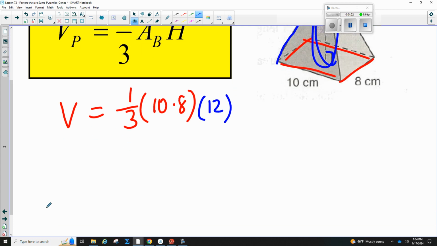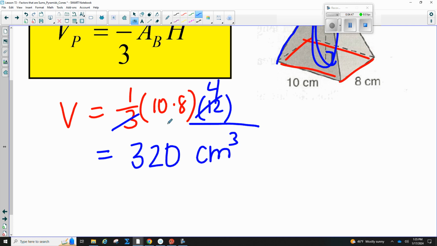The 3 can divide into any of those numbers because there's no plus signs, it's all being multiplied, so you can pick which one it divides into best, and that would be the 12. 3 goes into 12 4 times. So now I have 10 times 8 is 80, times 4 is 320 centimeters, and volume is always cubed. The main thing is the 1/3. Pyramids, 1/3.